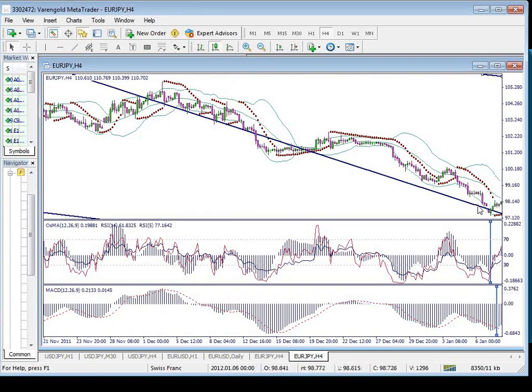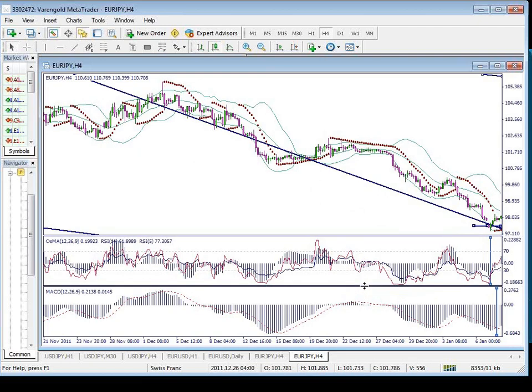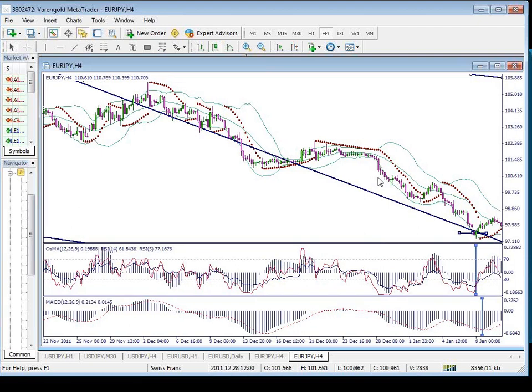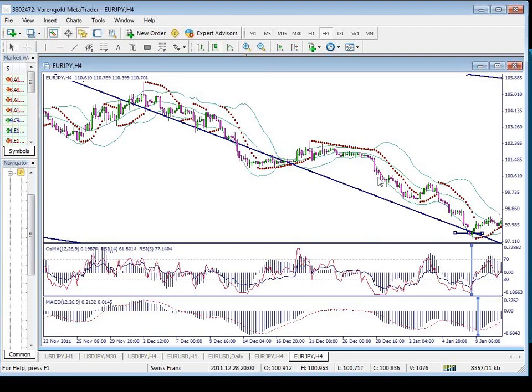Okay, so I was in the trade. When we are going into one 4 hour trade, we are expecting to stay in that trade maybe for a few days.